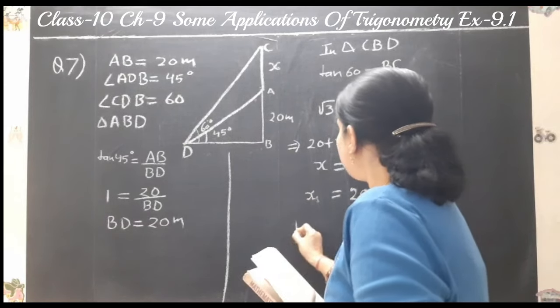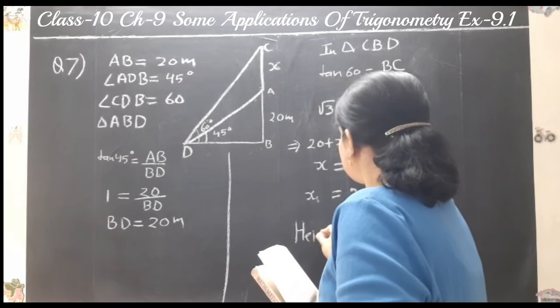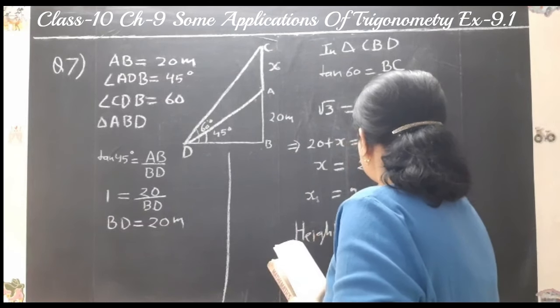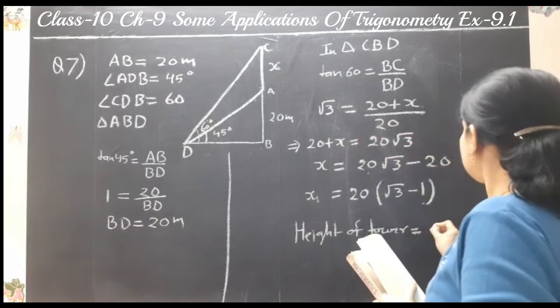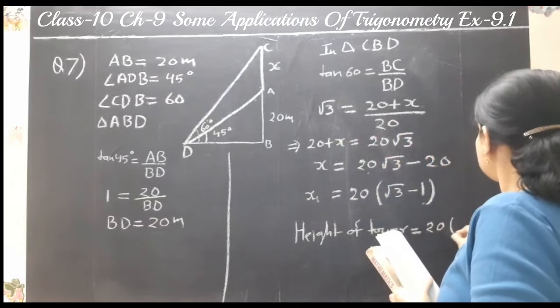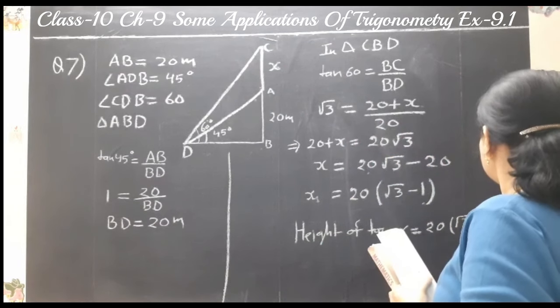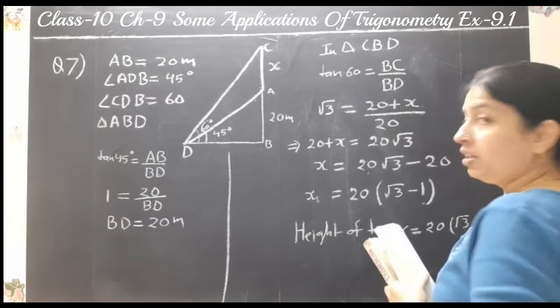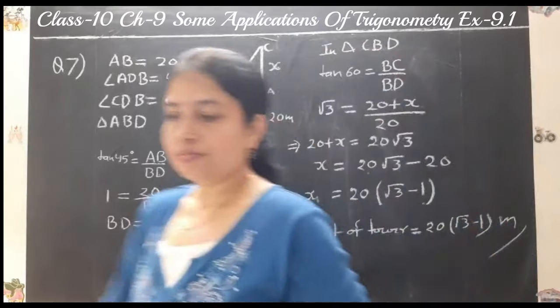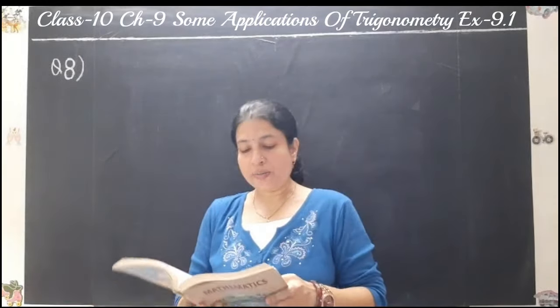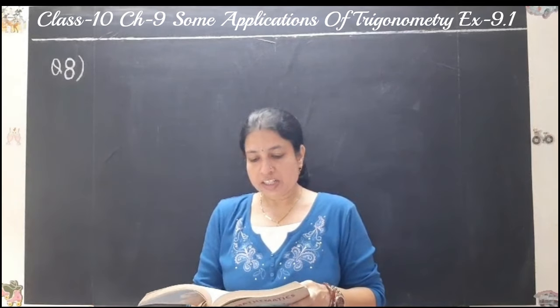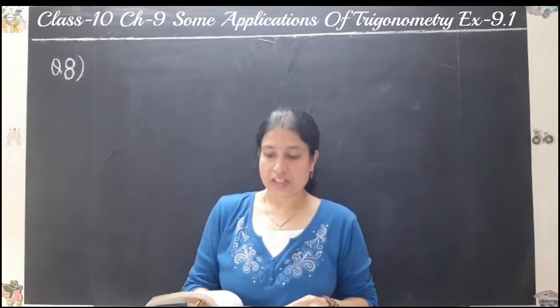So the height of the tower is equal to 20(√3 minus 1) meters. This is your answer.